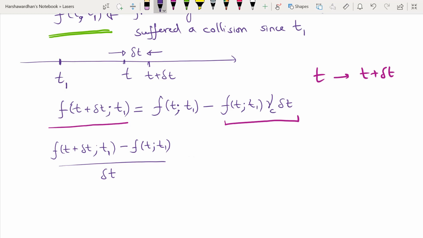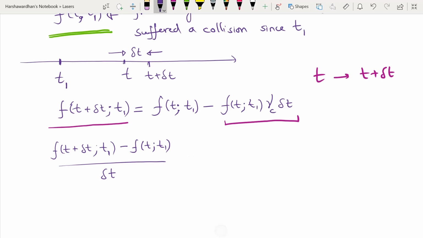What matters is the interval delta t, whether it begins at a time t1, t2, t3, t4, that really doesn't matter. The collision simply depends on the time interval delta t. Hence this is what is known as a Markovian process, which does not have memory. It is not as though if the first collision happened, the second has to happen, and so forth. There is no memory of the previous collision. Each of them are random independent processes.